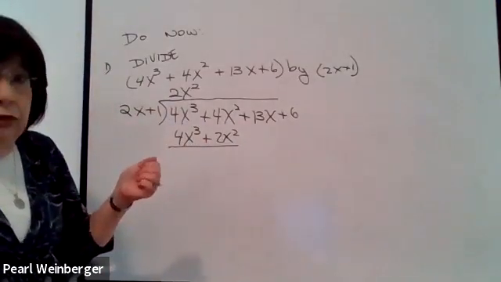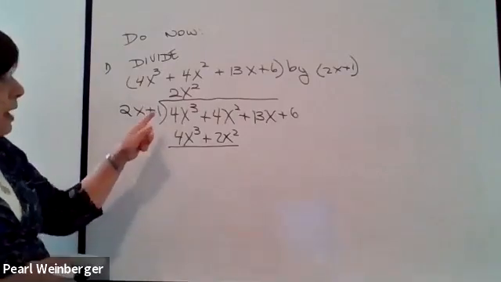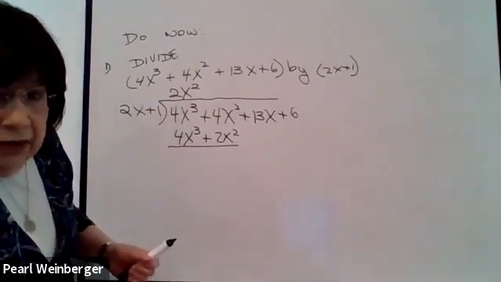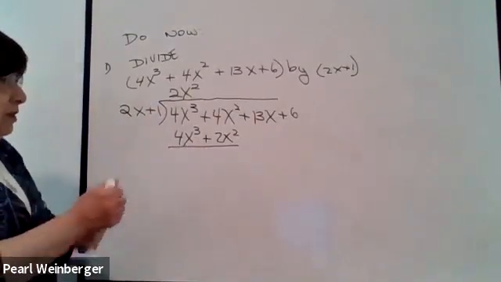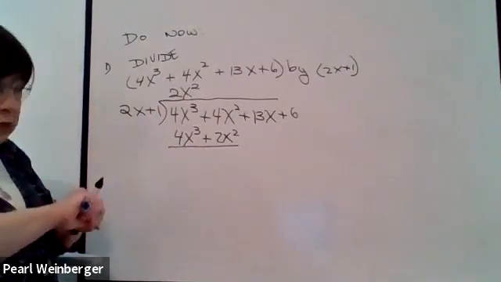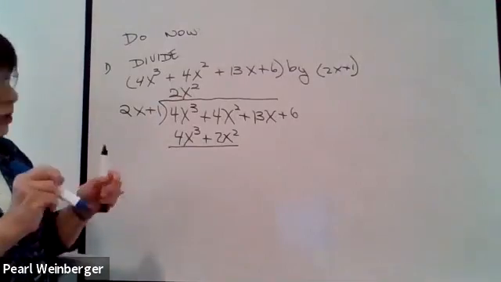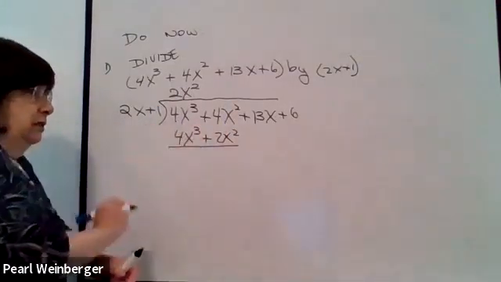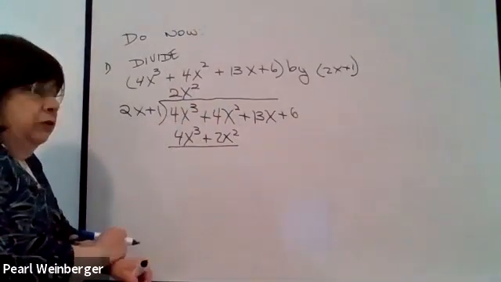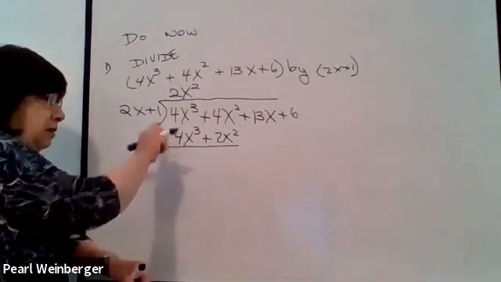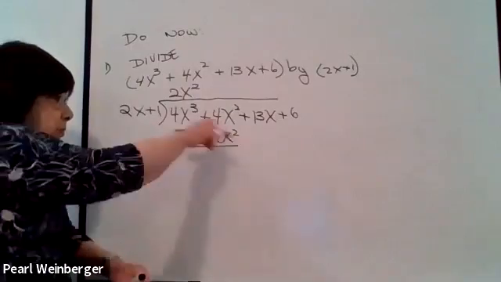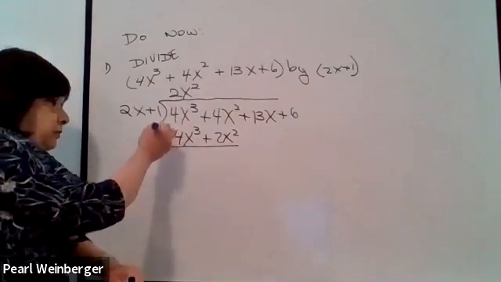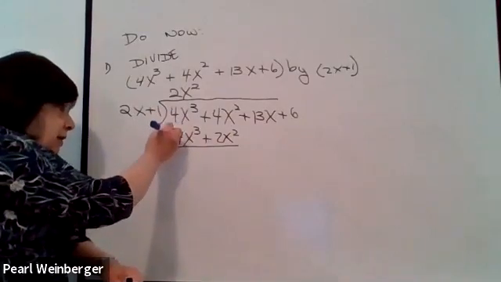Next step is to subtract. Now, remember what I told you to do. When you're subtracting, in this case, the easiest way to do it is to change the sign of what you're subtracting, which is the second line. This is actually a positive 4x cubed, so it's going to become a negative.